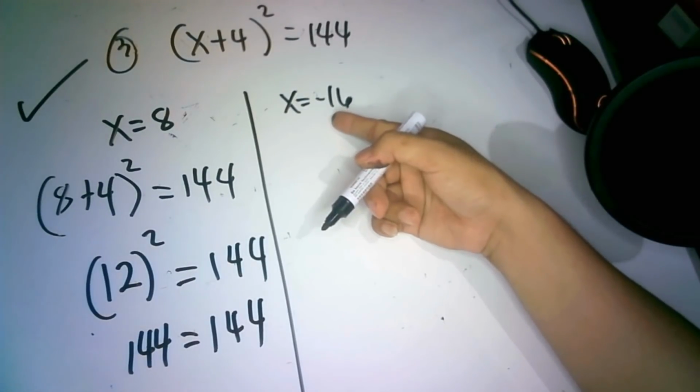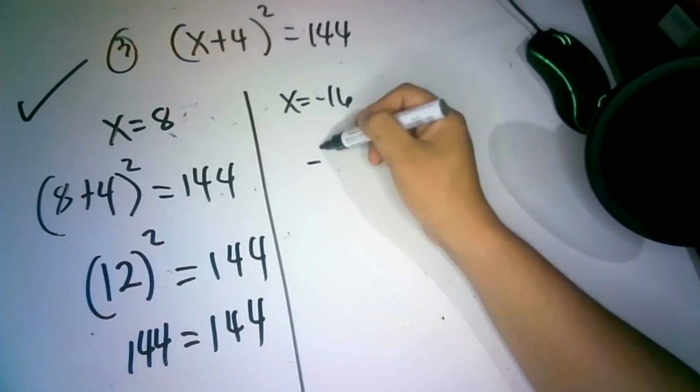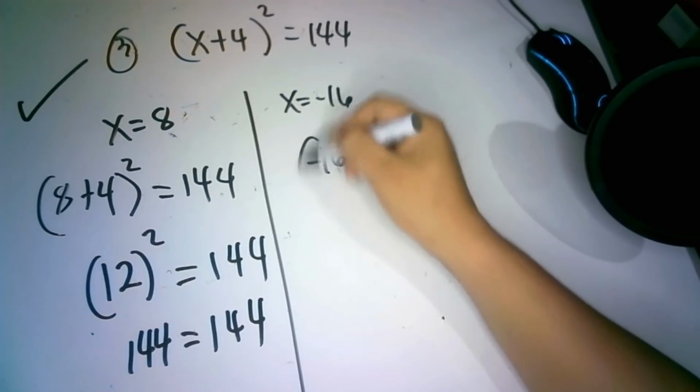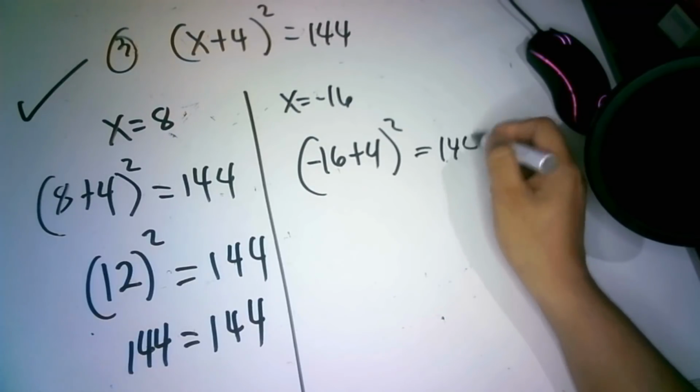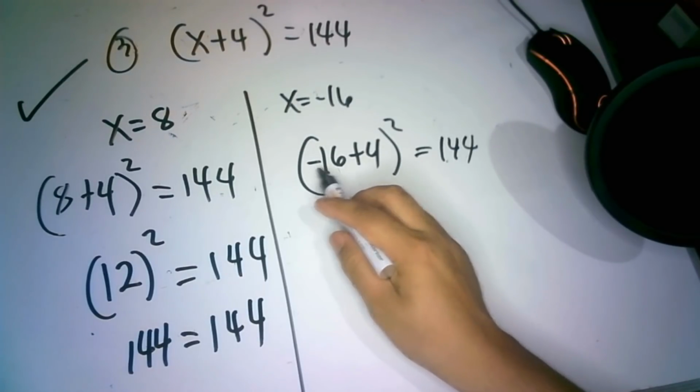How about -16? It is the same. It becomes (-16 + 4)^2 = 144. What is -16 + 4?